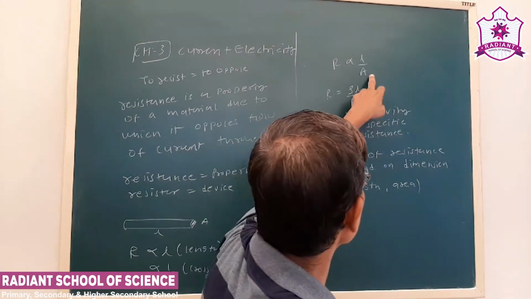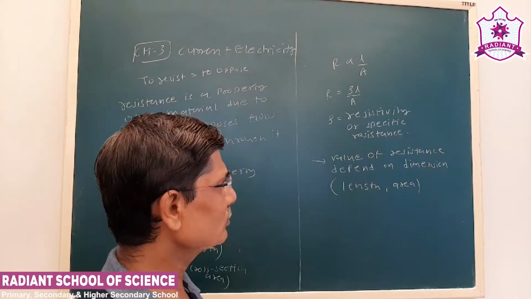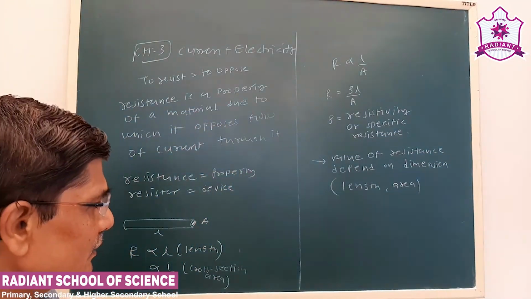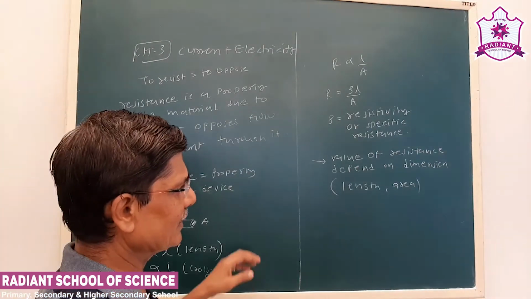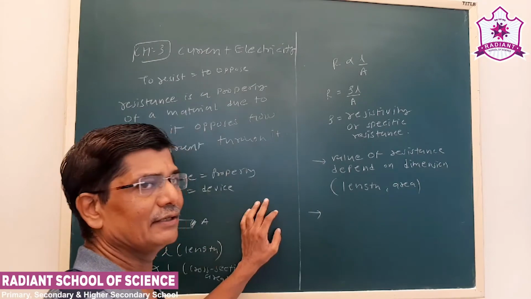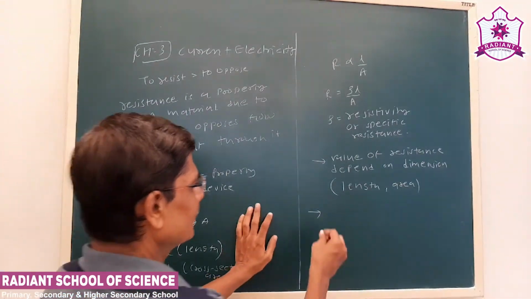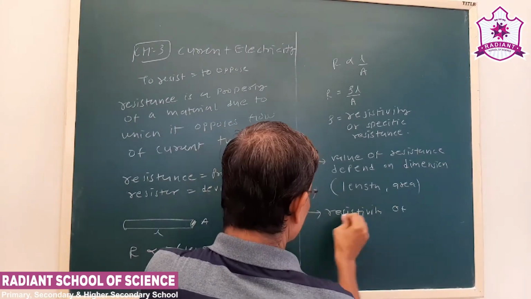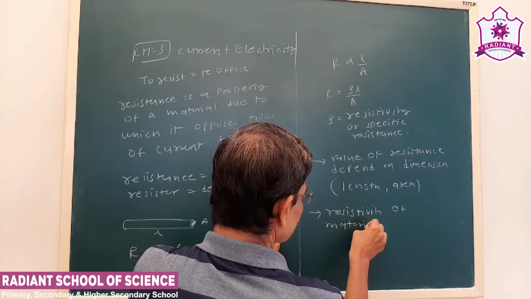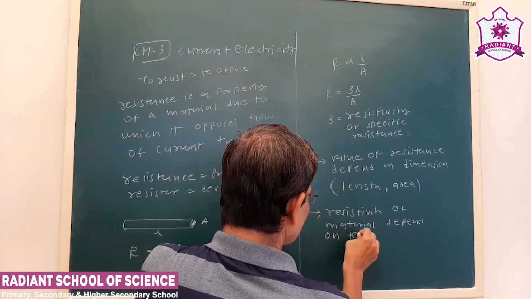So R varies as L by A, R is equal to rho L by A. Rho is called the resistivity or the specific resistance. See, the value of resistance depends on the dimension, that is length and the area. But we will discuss again later in the subsequent topic that the resistivity of material depends on temperature.